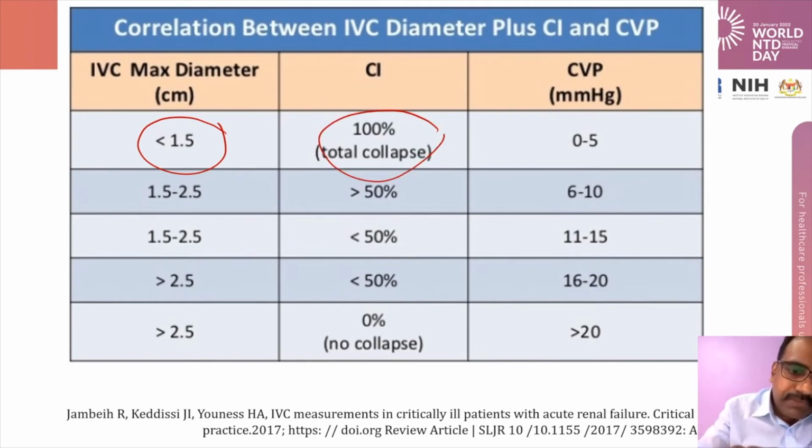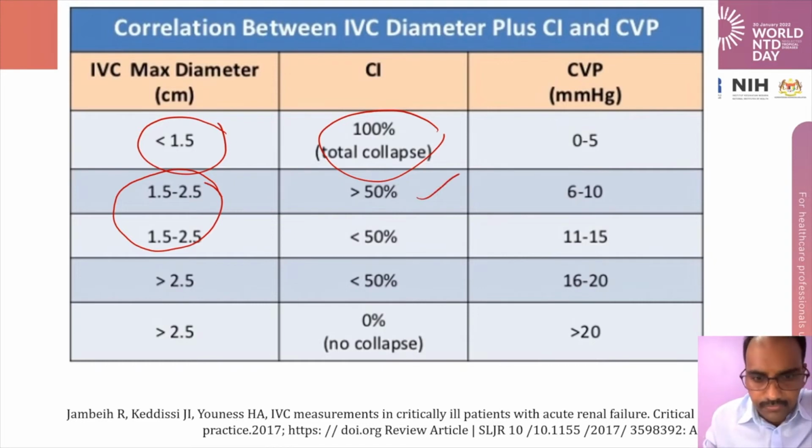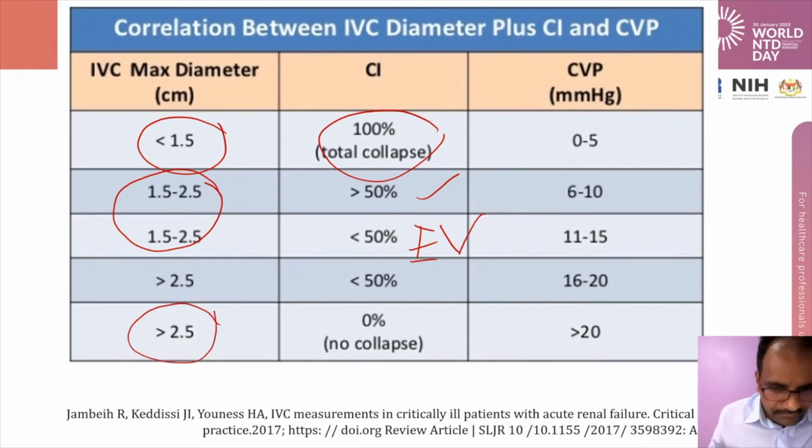But if you have a measurement like 1.5 to 2.5 cm and it collapses more than 50%, there's room for rolling of fluids. If it collapses less than 50%, you may say the patient is already in the euvolemic state. But if you see the patient's IVC is dilated, 2.5 cm, and collapsing less than 50% or not collapsible, then you may be careful that this patient may be in a hypervolemic state.